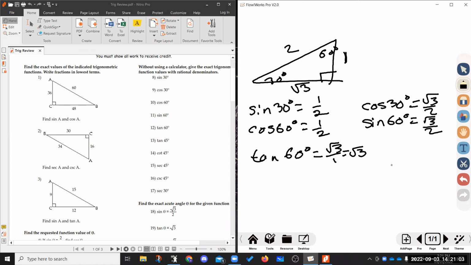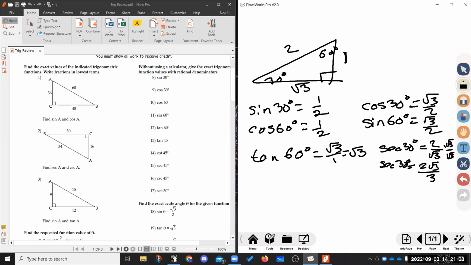So we stick with this 30, 60, 90. The secant of 30 degrees. Bear with me, I'm going out of order, but secant of 30 degrees is hypotenuse over adjacent. And we're going to rationalize that. So the secant of 30 degrees is going to be 2 root 3 over 3.